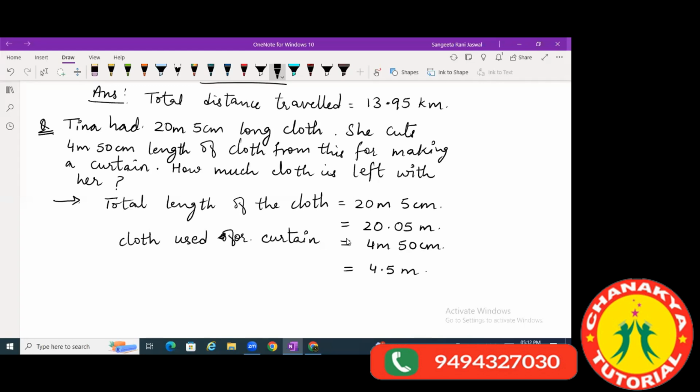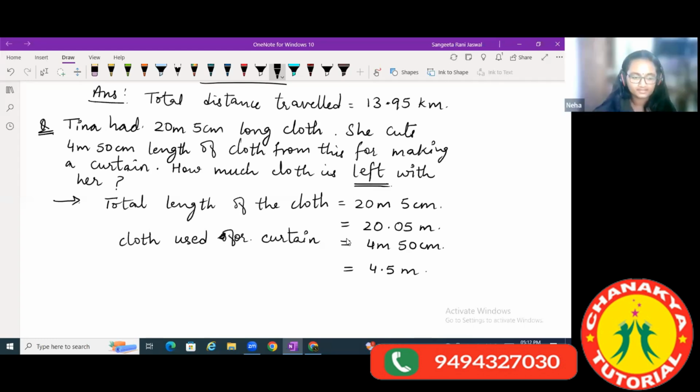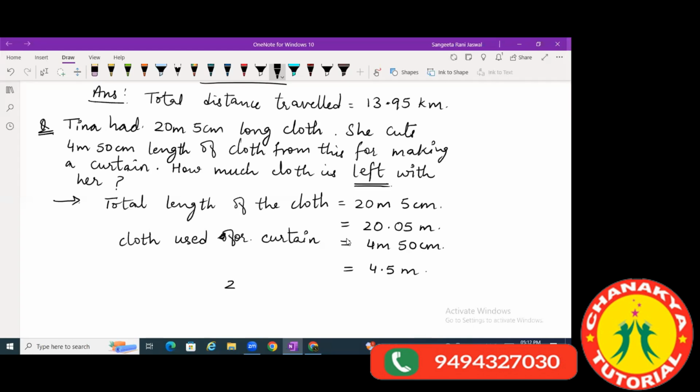Okay, so now what do I have to do? How much cloth is left with her? When there are words like left or take away, what do we do in this case? We subtract. Okay, so we will subtract 20.05 minus 4.5. When you subtract this, what do you get?